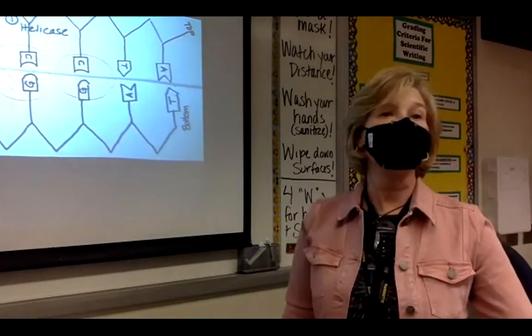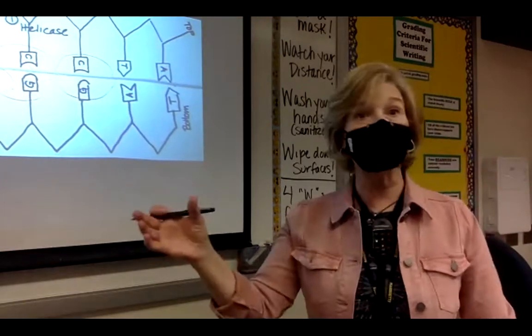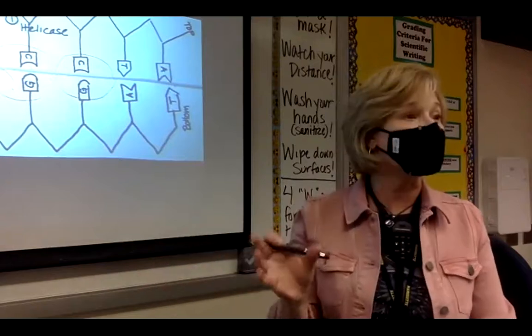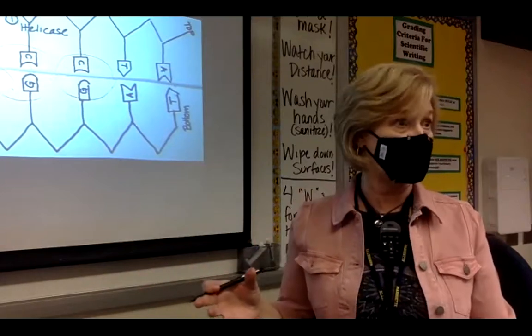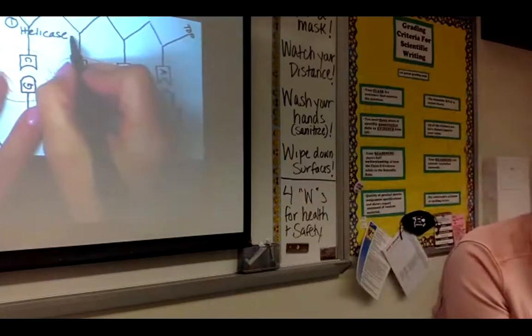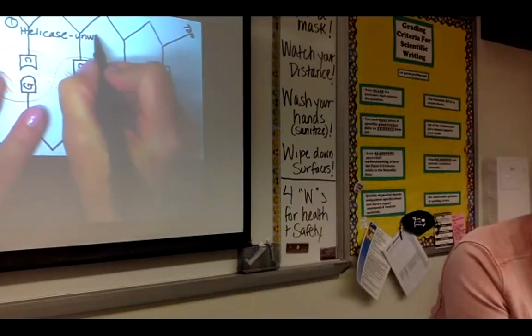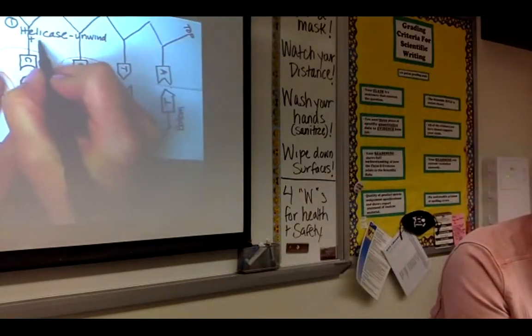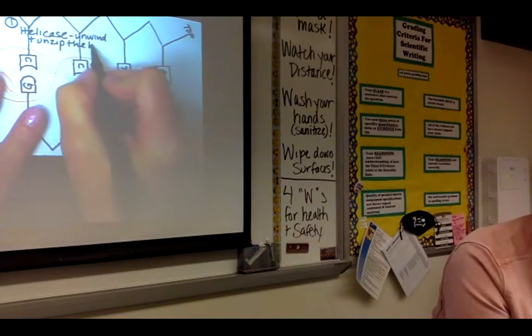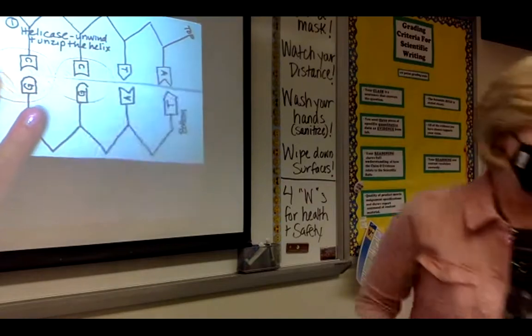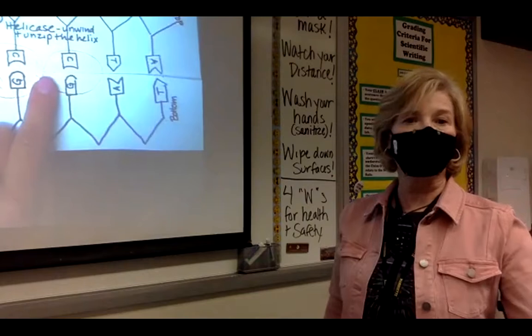Helicase means the ASE means enzyme. Helix comes from helix. So this is a helix enzyme, and its job is to unwind and unzip the helix. So it's going to do that right at this spot.